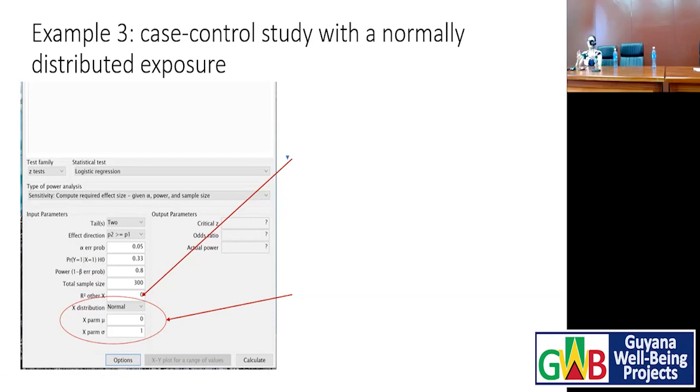What I'm putting in here, this 0.33, is not the prevalence of the outcome in the overall population. It's the prevalence of the outcome among your study subjects, cases plus controls.